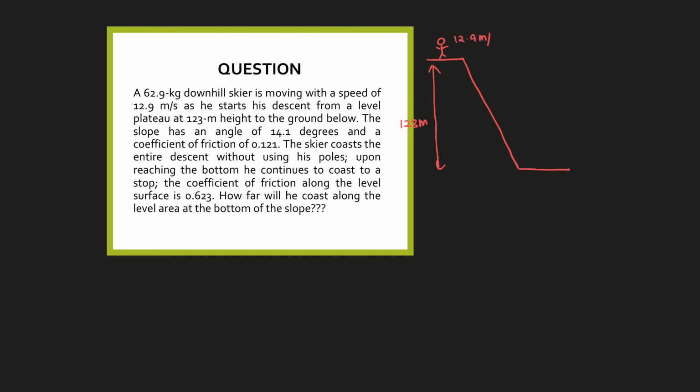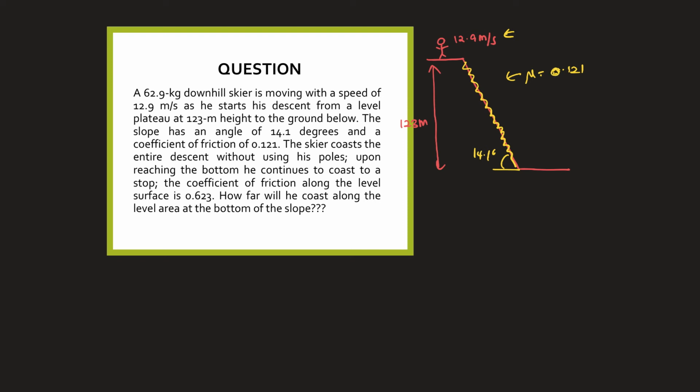This person starts and is moving here at 12.9 meter per second, which means at this part there is going to be potential and kinetic energy. The slope has an angle of 14.1 degree and the coefficient of friction, so there is going to be friction over here, is going to be 0.121.